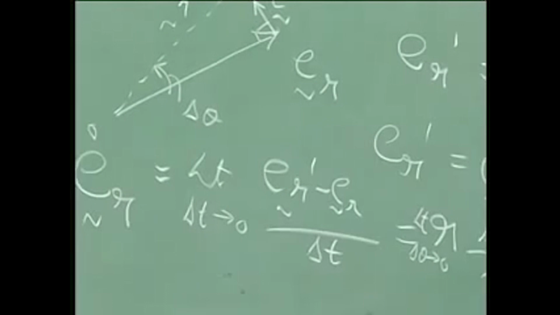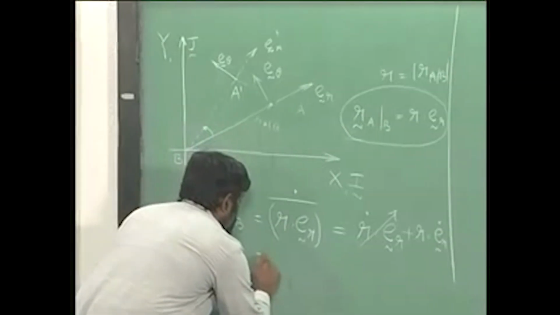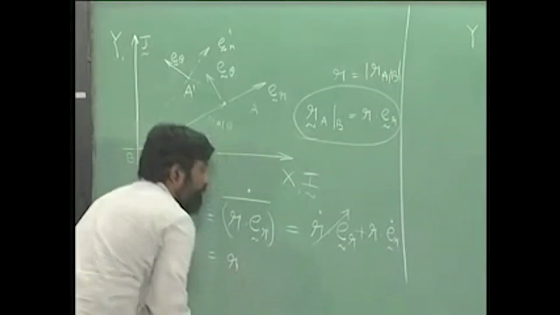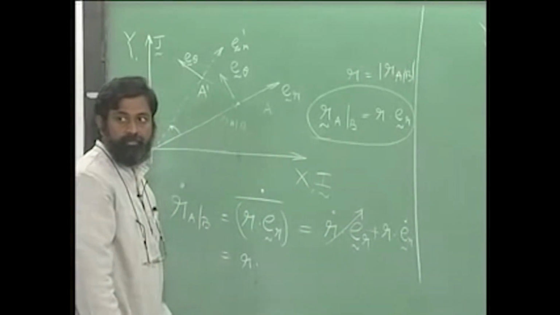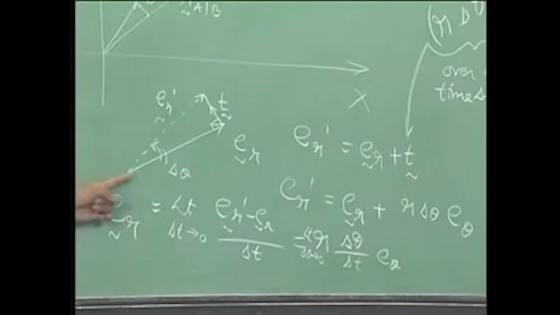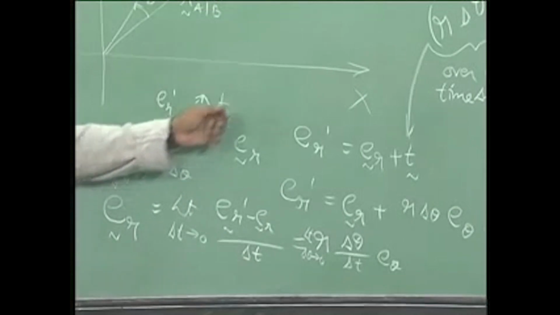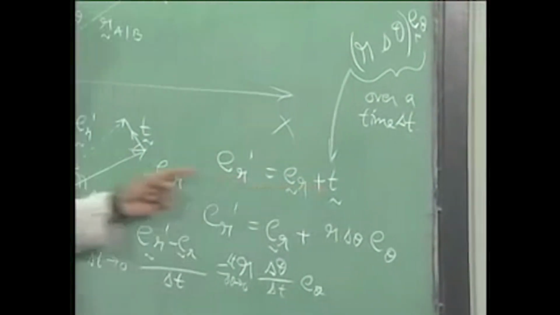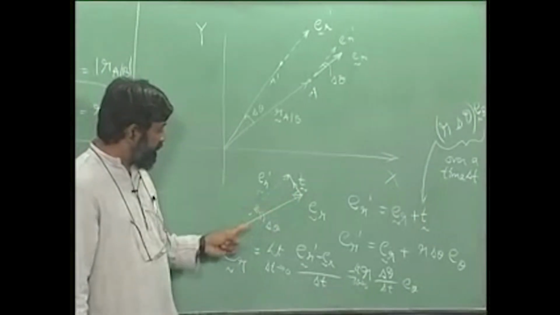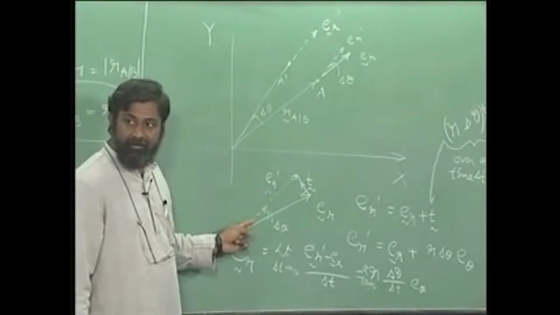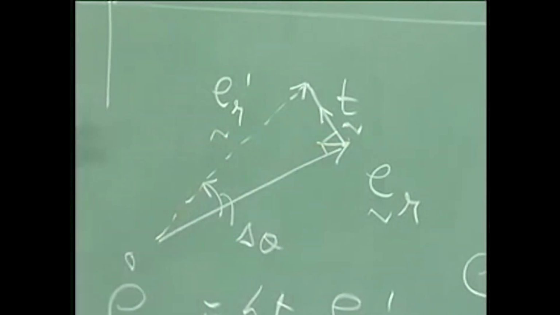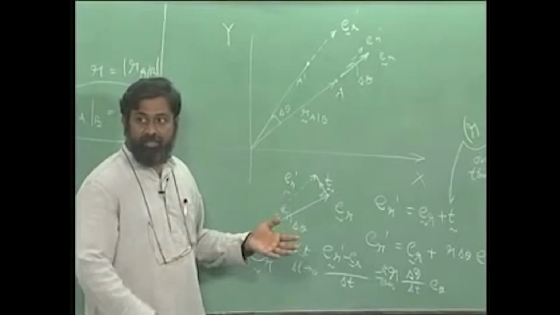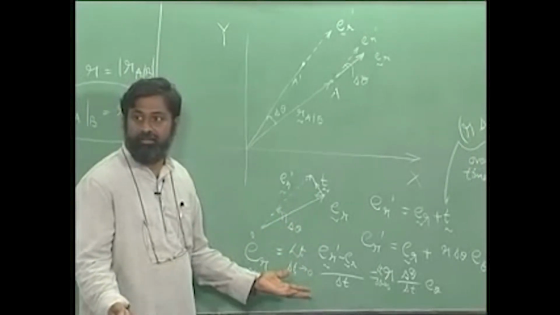So, let me go back to this and write this to be equal to R times, we have one more R over there, am I right? What is this distance equal to? Is it R? Let us look at this. What is the length of this? This is ER. What is the length of a unit vector? 1.